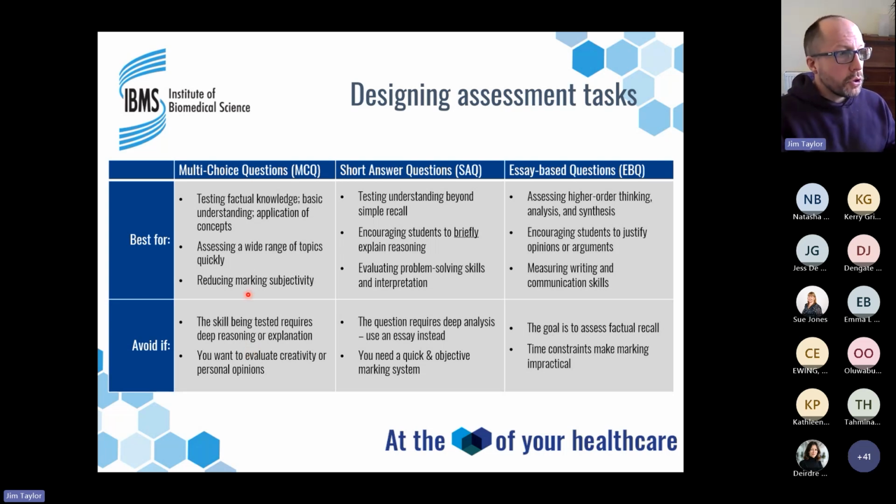So multiple choice questions are good for reducing subjectivity, but they're hard if you need to do any kind of deep reasoning, particularly that requires a number of hops from one idea to another, because everybody's got their own way of describing that. And the words that you put in the answer to a multiple choice question just might not resonate with the person who's answering that question. So it falls down on fairness and validity.